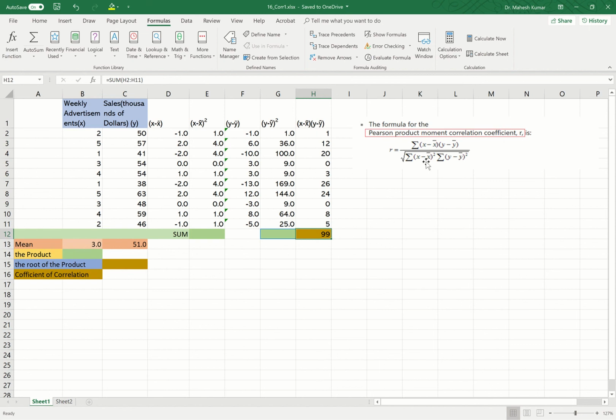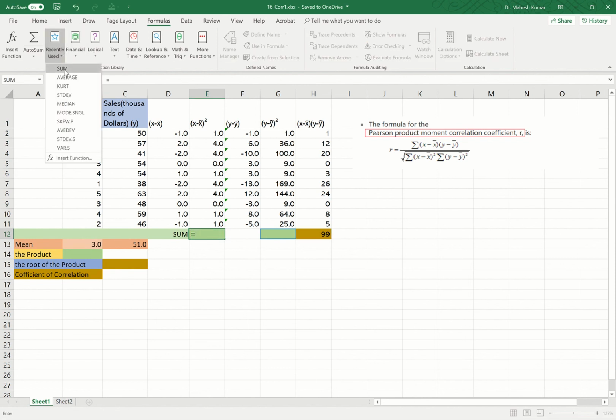Now we need to work with these numbers. In denominator, we require x minus x bar square, sum of that, and y minus y bar square, sum of that, and then these have to be multiplied, and then an under root or square root has to be taken. So let us start with x minus x bar squared, sum of that. So sum of x minus x bar square would be equal to sum, which must be in the recently used function.